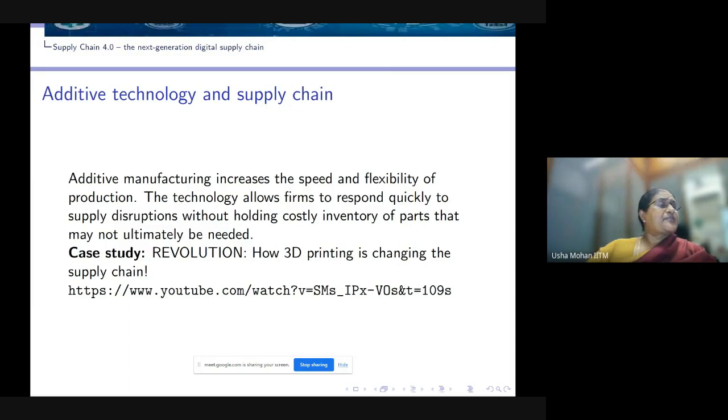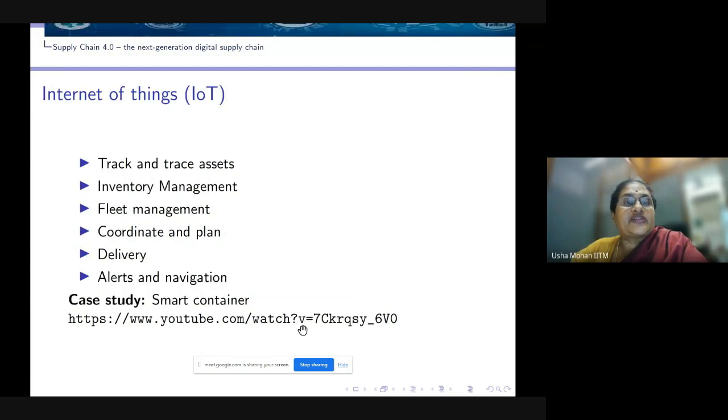Now the next important technology which is playing a very, very huge role is the Internet of Things. When we talk about Internet of Things, it's basically tracking and tracing assets. That is one of the main things. What is happening these days is that we have sensors everywhere. All of us know the smartwatch. How many of us use a smartwatch?